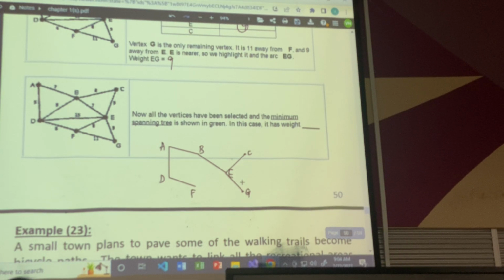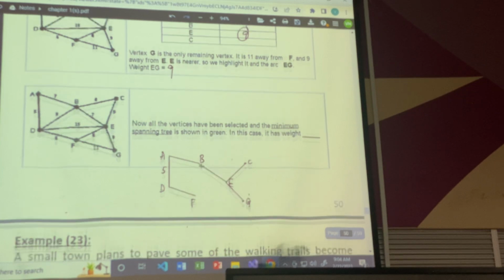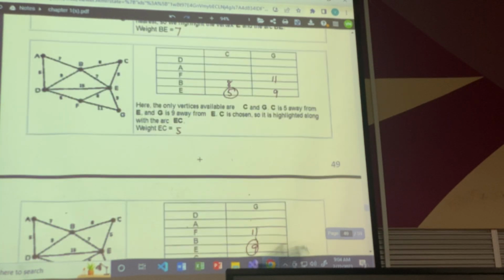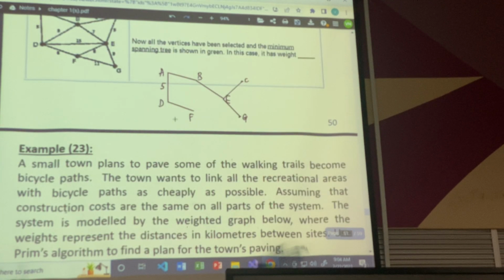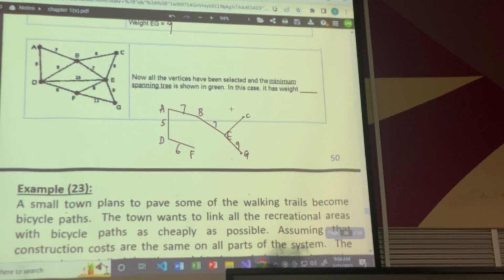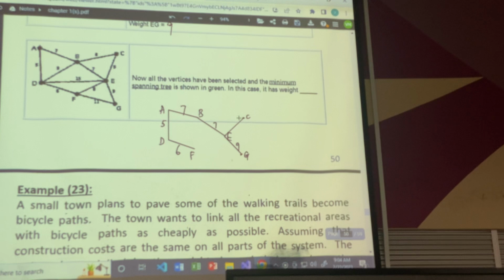Then the weights, you can write down 5. DF is what? DF is 6. BE is also 7, EG is 9, and EC is 5.